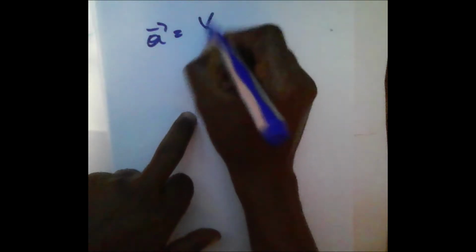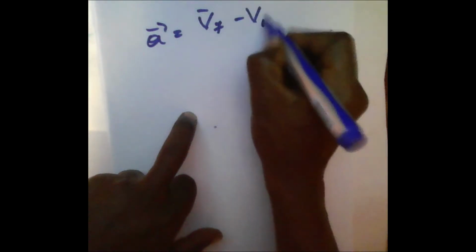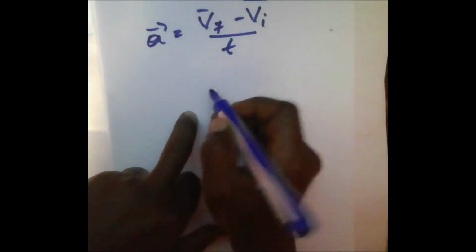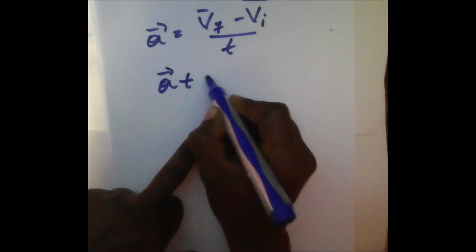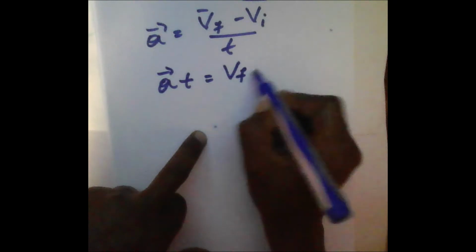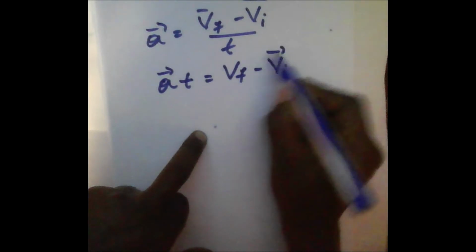Having these points, now let's rewrite. We know that the acceleration is equal to V final minus V initial over T. Multiply both sides by T, then it becomes acceleration multiplied by time is equal to V final minus V initial.